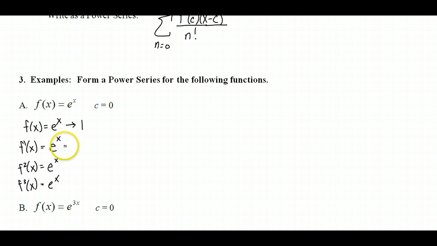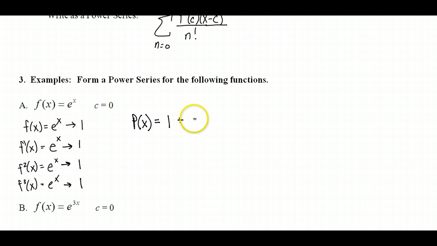Plug in a 0. e to the power of 0 is 1. e to the power of 0 is 1. So this is nice. In all of these, obviously the coefficient is equivalent to 1. When we write our polynomial, we're approximating this function with a polynomial. Our first term comes from our original function, and it would just be a 1.